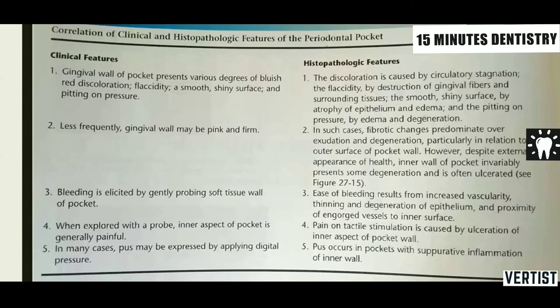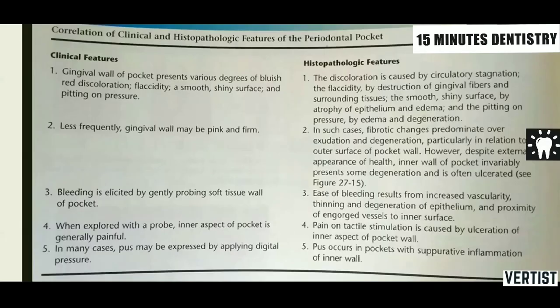Now you will see sometimes, even if there is a pocket present, the gingival wall may be pink and firm. Why is this? Because fibrotic changes predominate over the exudation and degeneration. Now remember one thing, periodontal lesions are healing lesions. It is not that destruction always goes on.